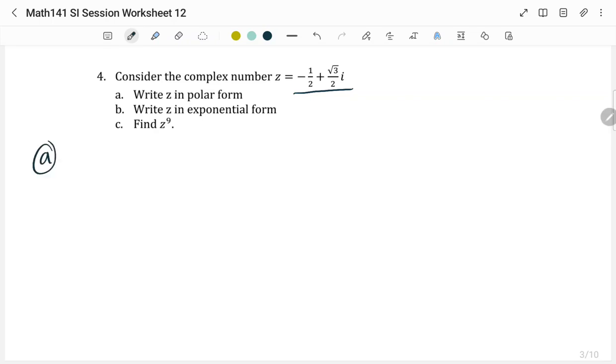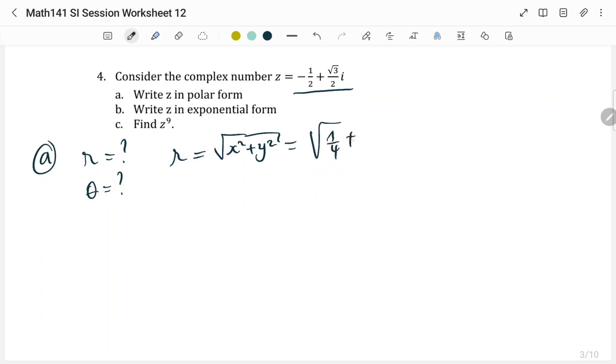First of all, we have to find again what's r, what's theta. We need that for the polar form. So r is just the square root of x squared plus y squared, right? And that is just equal to the square root of negative 1 over 2 squared, which is 1 over 4, plus root 3 over 2 squared, which is 3 over 4, which is just root of 1, which is 1.